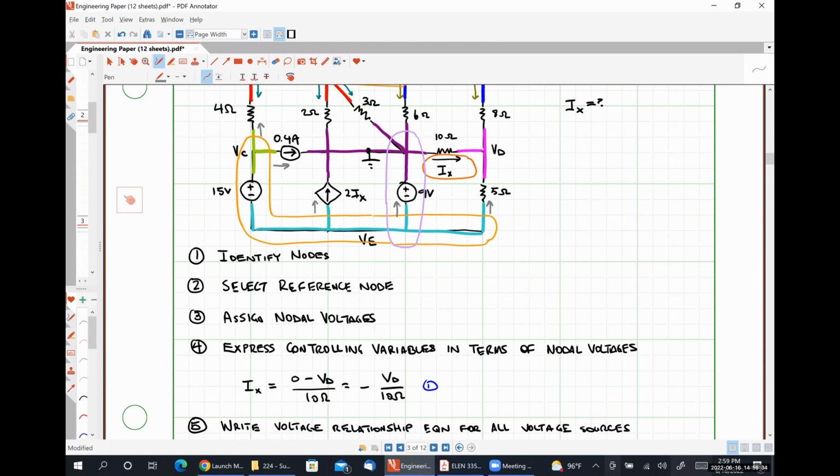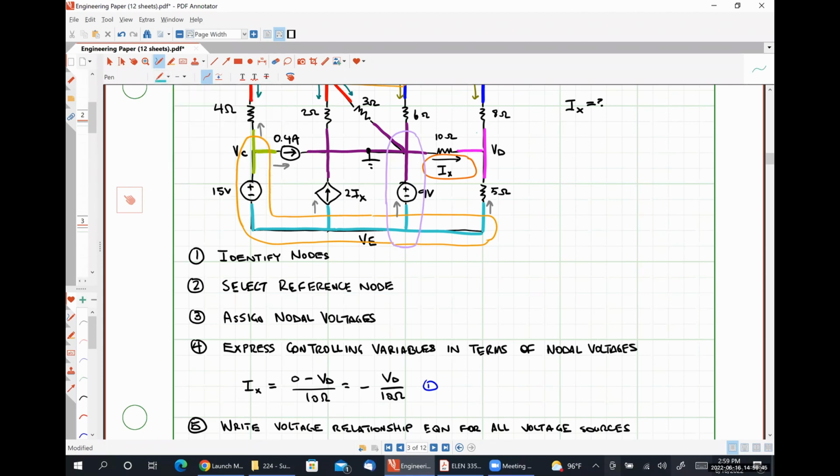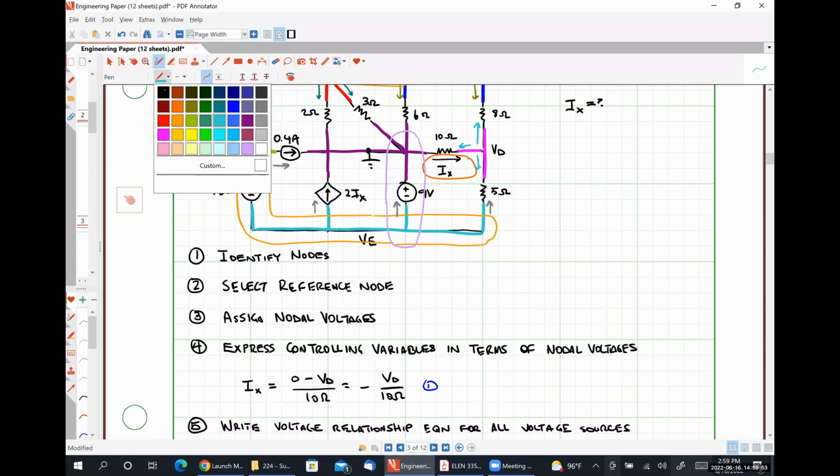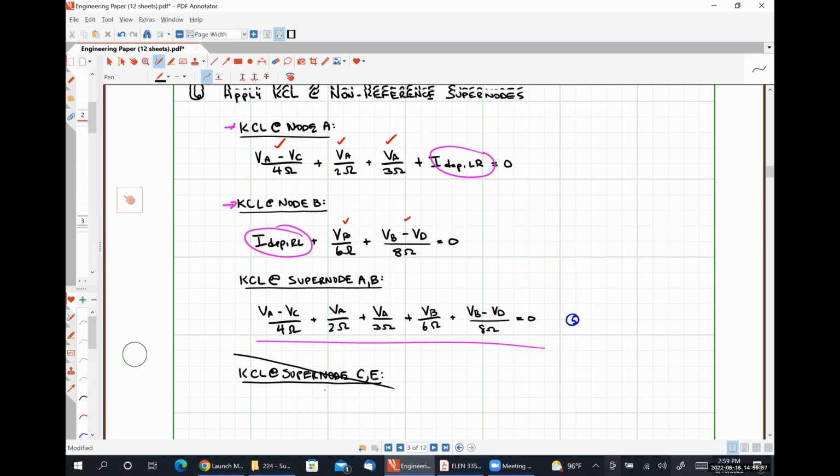Our last equation that we need, because we have identified that we have 6 variables and we've written 5 equations, will come from writing a KCL equation at this normal node, node D, okay? So our last step here, I'm just going to scratch this out because we don't have to do it.